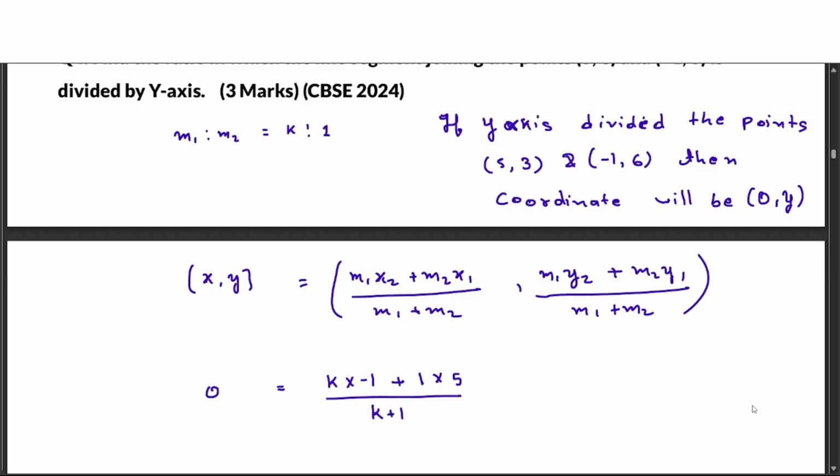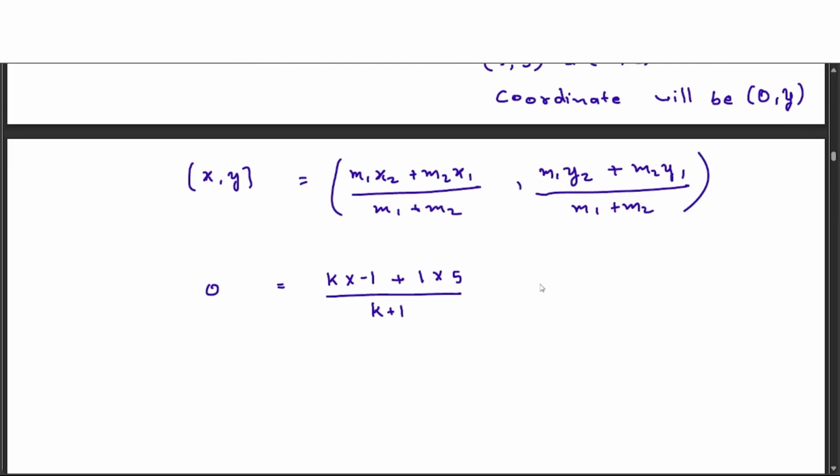Now based on that you can solve. You can transpose, so k plus 1 times 0 is equal to minus k plus 5.